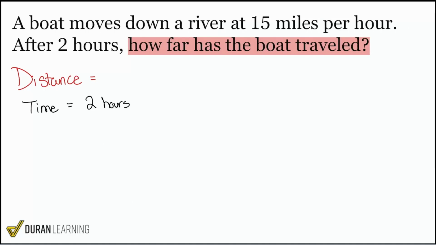Yes. Deborah, yes. Perfect. Everybody else that's following suit. Yes. We're dealing with a rate because we see that it says miles per hour. Connecting the distance and the time together, that is the rate. So with that, we write that down nice and easy. Rate equals 15 miles per hour.